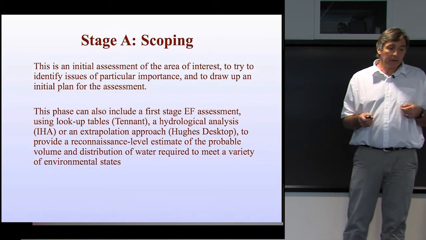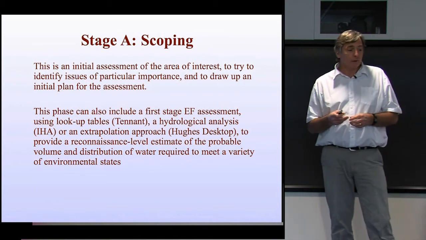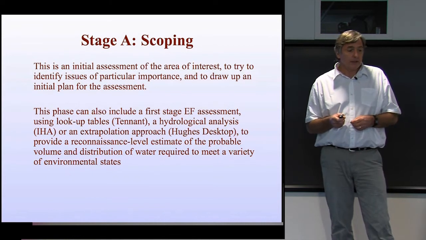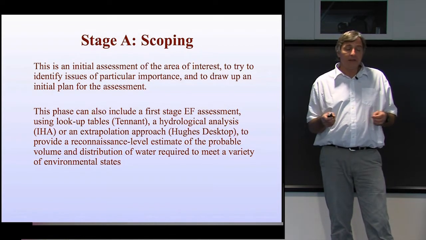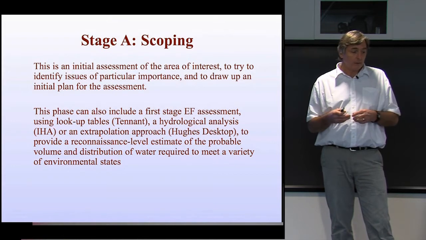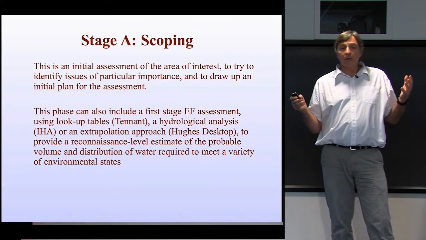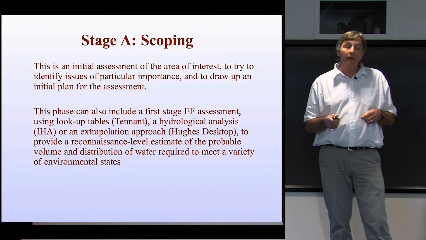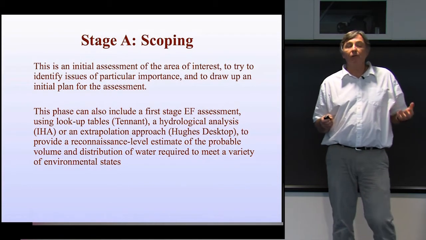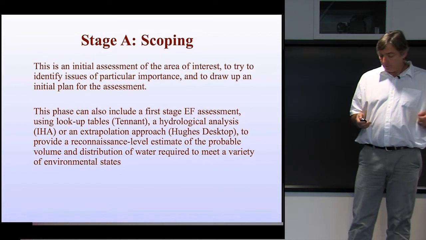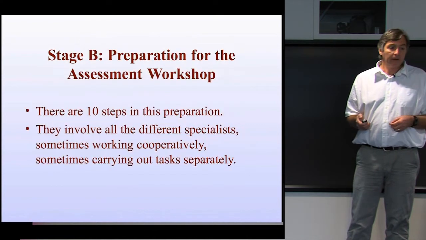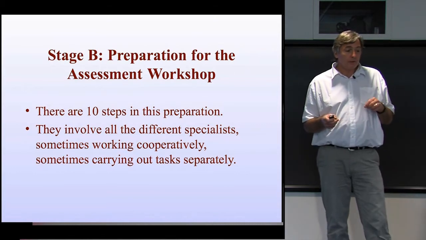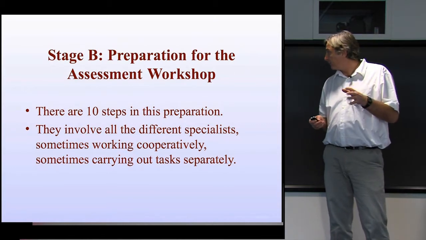This phase can also include a first stage environmental flow assessment using lookup tables such as the Tennant-Montana methodology, or a hydrological analysis such as the index of hydrological alteration, or an extrapolation approach such as Dennis Hughes' desktop method, to provide a reconnaissance level estimate of the probable volume and distribution of water required to meet a variety of environmental conditions.